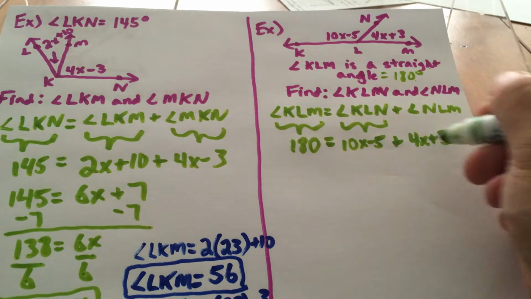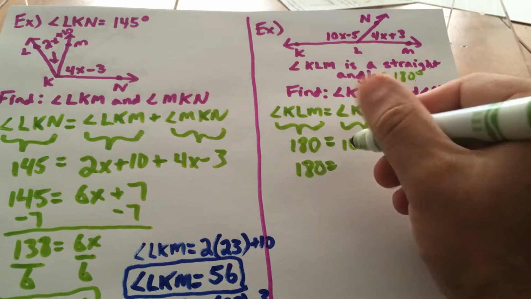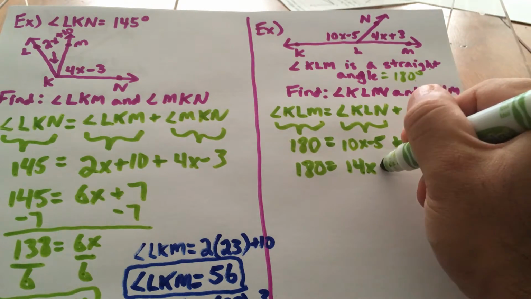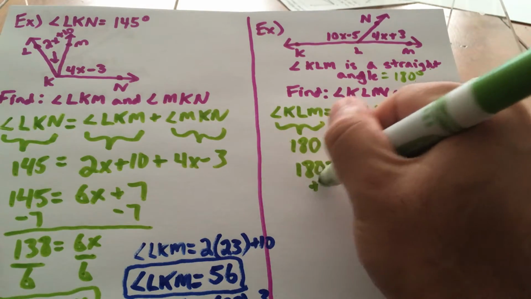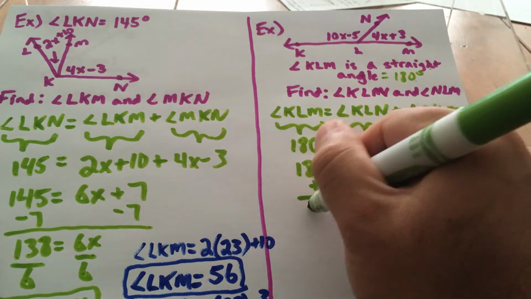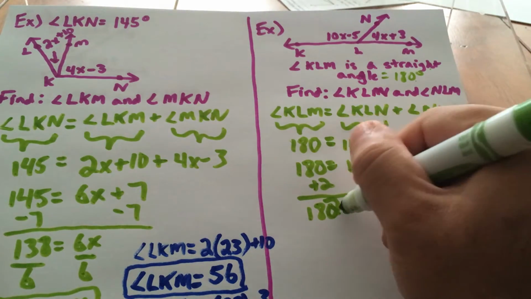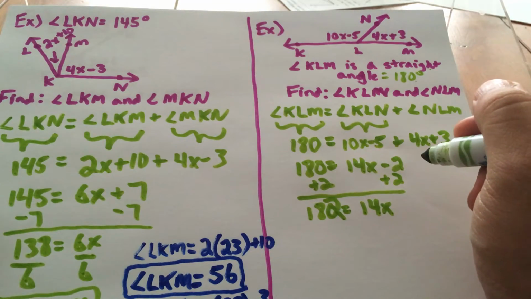All right, so then you combine like terms. 180 is equal to 10x plus 4x is 14x. Negative 5 plus 3 is negative 2. And then continuing on down, we add 2 to both sides. So we get 182 is equal to 14x.